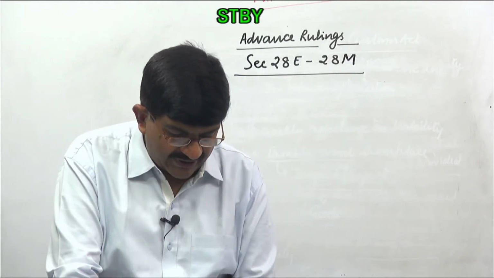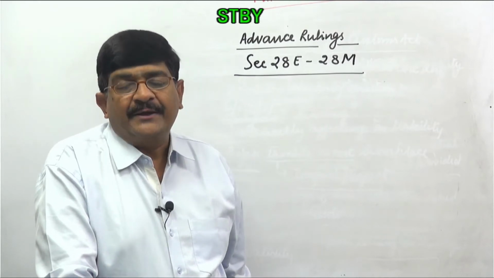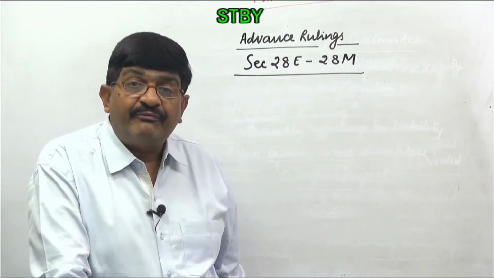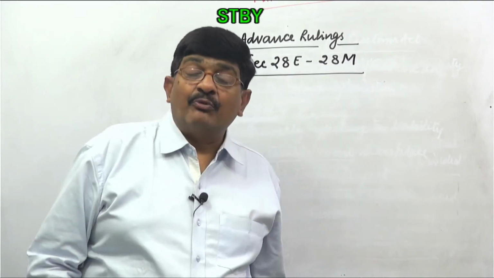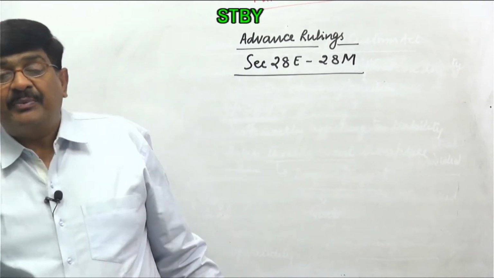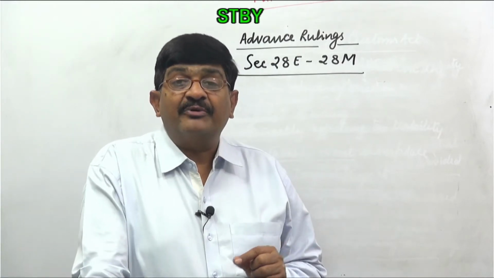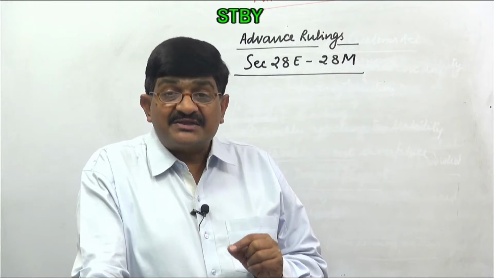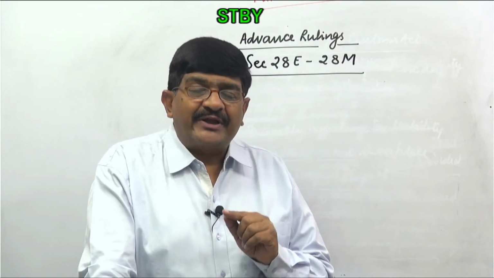Now coming to the next section 28EA, this is custom authority for advance ruling. So here this says the board, the central board can appoint a person of the rank of the principal commissioner or commissioner as custom authority for advance ruling. Right, custom authority.